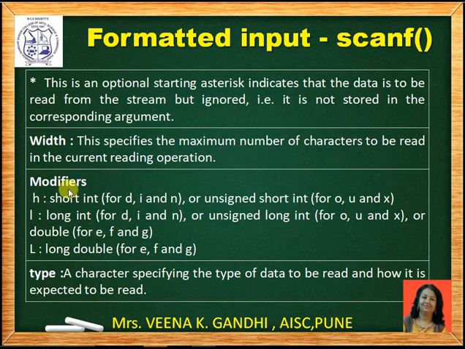Next are modifiers, like h modifier for short int or unsigned short int, l for long int, applicable for d, i, and n specifiers, or unsigned long int applicable for o, u, or x type specifiers, or for double with e, f, and g.